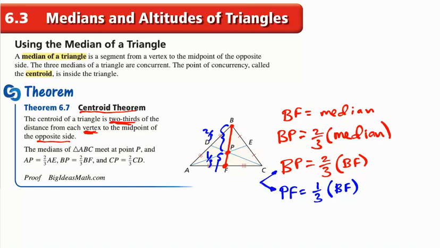PF is the part from the base to the centroid. BP is the part from the vertex to the centroid. Hopefully you see that BP is equal to 2 times PF, because 2 times 1/3 is 2/3. So we should see that they are related to each other by a factor of 2. And you have to be able to play around with these numbers, and they'll help you to solve different problems involving centroids and lengths or portions of the lengths of the medians.